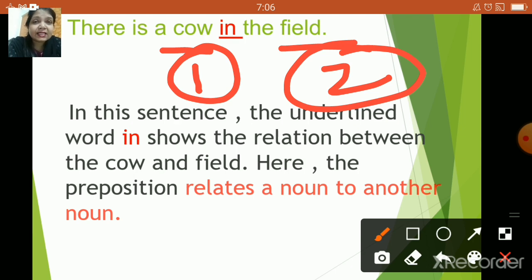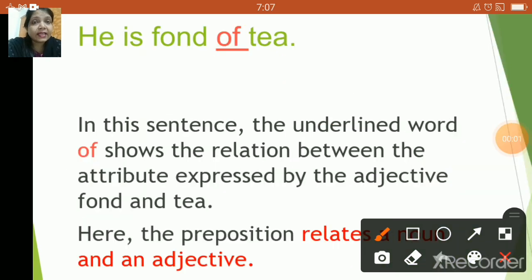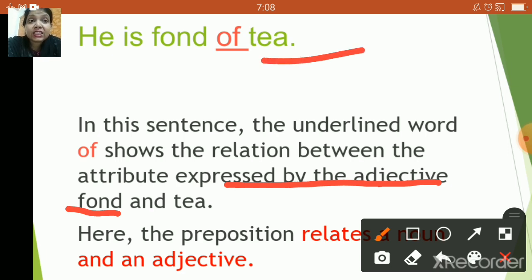Similarly, let us check the second and the third sentence. Now the second sentence. He is fond of tea. Now children, over here, in this sentence, the underlined word of shows the relation between the attribute expressed by the adjective. And what is the adjective over here, children? It's fond, isn't it? Fond of what? He is fond of tea, right?